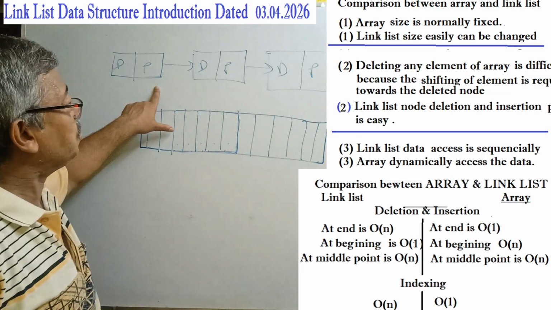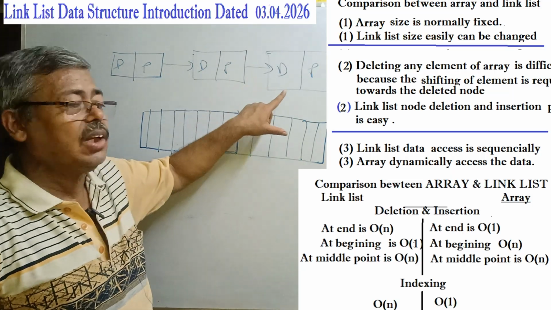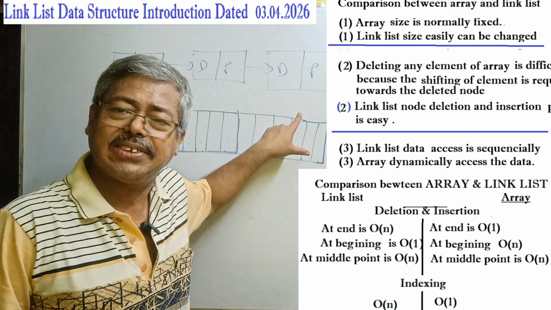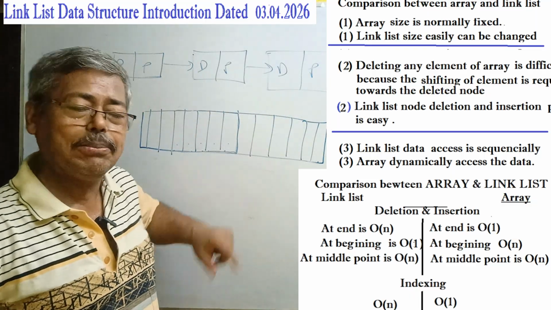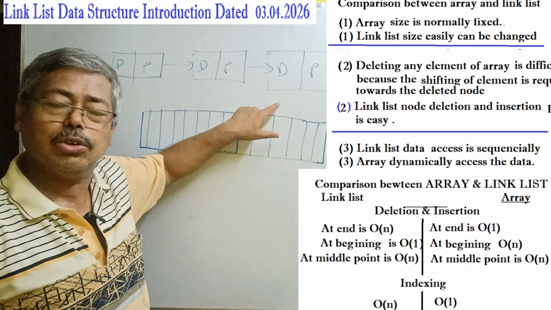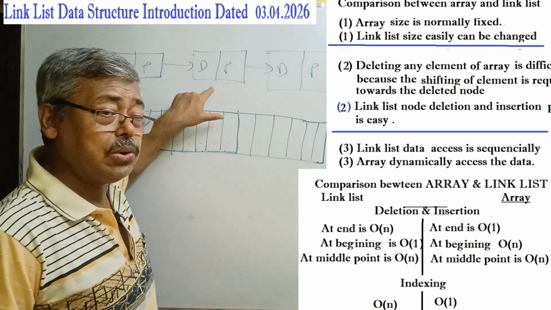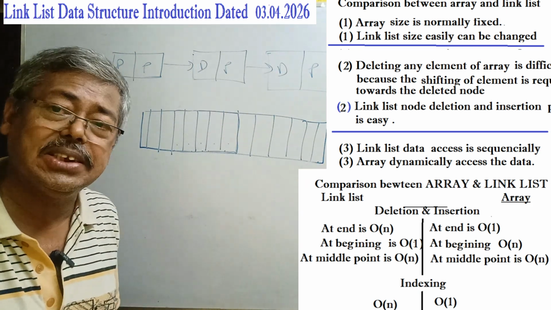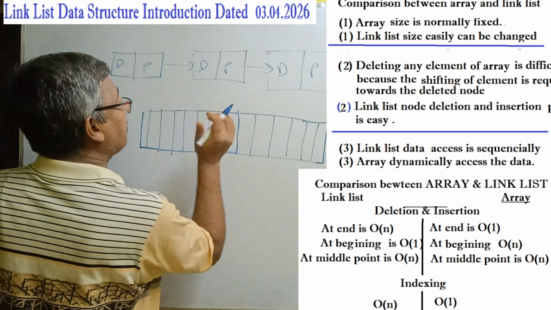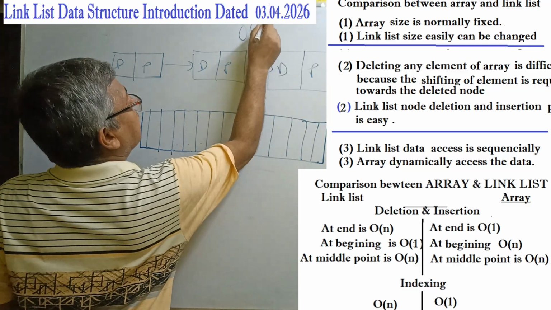The first node represents the second node, the second node represents the third node. So if we want to access the third node, we have to access the first node first, and then the second node, then the third node. So the time complexity is order of n.